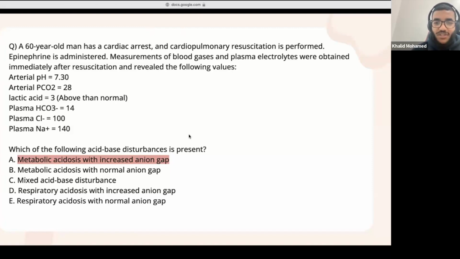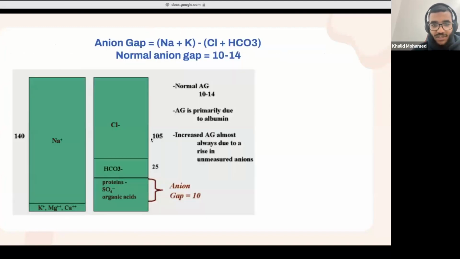Now we introduced a new concept called the anion gap. So what exactly is the anion gap? So normally in the blood, there is no such thing as an ion gap. The total amount of positive ions should equal the total amount of negative ions. Okay. So in the plasma, there's always an equal amount of positive ions with negative ions.